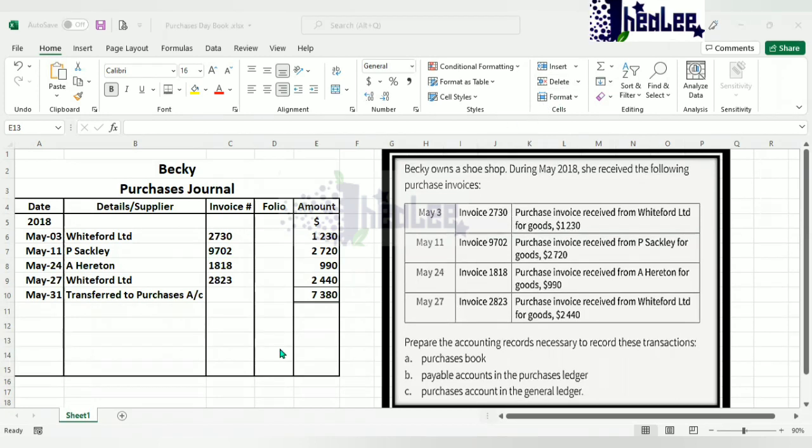So that takes us to the end of this session, where we focus on preparing a purchases journal from a list of invoices. It could have been where you're presented with a list of transactions, and once it indicates credit purchases, it is the very same process that you would use to make the entries in your purchases journal.